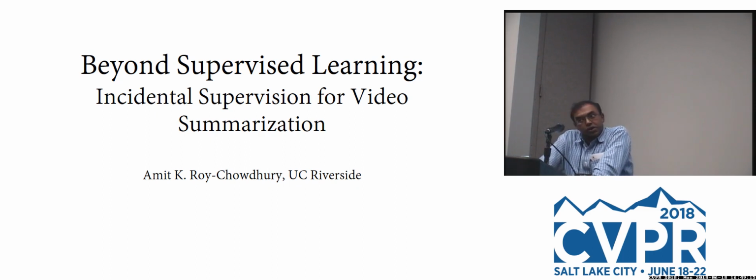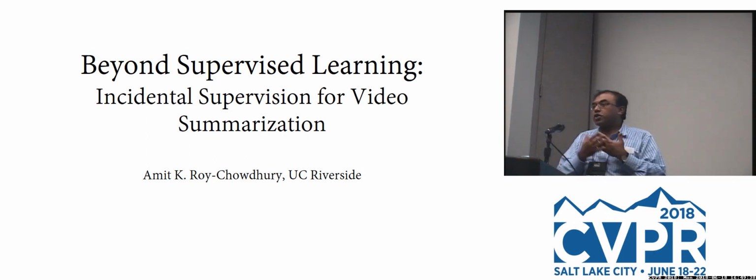Summarization was not traditionally dealt with as a supervised computer vision or image processing problem. There are lots of methods in summarization which are completely unsupervised. You essentially have a data set and you identify which frames or shots in that data best represent it. So the question is, why do we want to look at supervision?